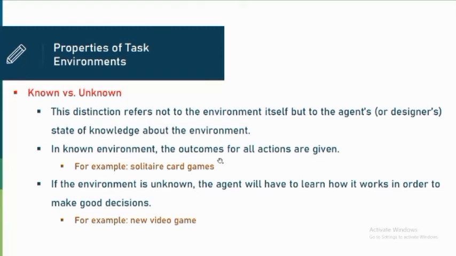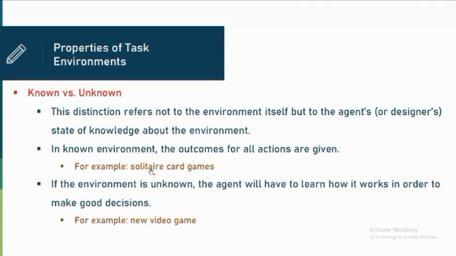In a known environment, the outcomes for all actions are given. So in a known environment, the agent can know all the possible steps. For example, solitaire card games. In these games, the environment is known.